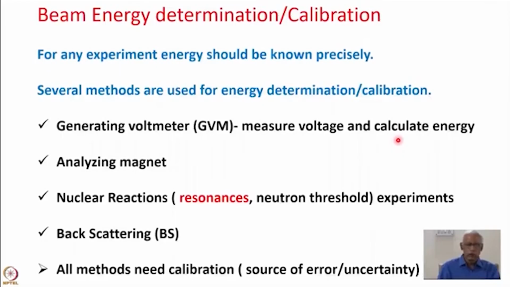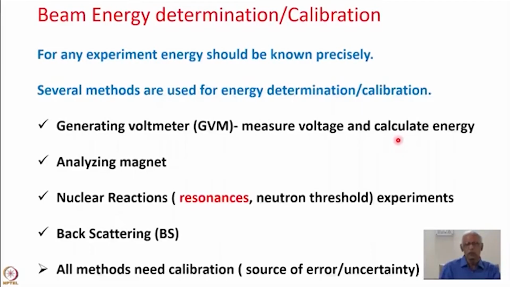There is another method, again a part of nuclear reactions, which is backscattering experiments for measuring the energies. You will find in the subsequent slides that this method is very simple but gives a very accurate value of the energy and does not involve many errors.